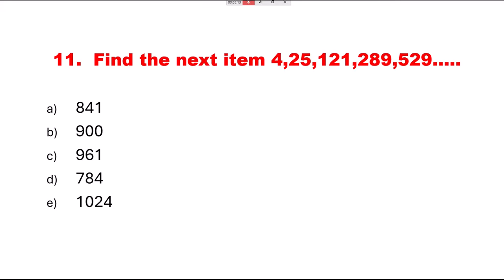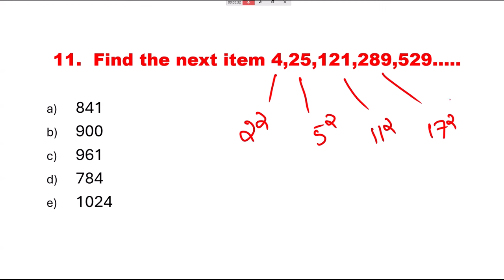I think it's easy for you. 4, 25, 121, 2 square, 5 square, 11 square, 17 square, 23 square.